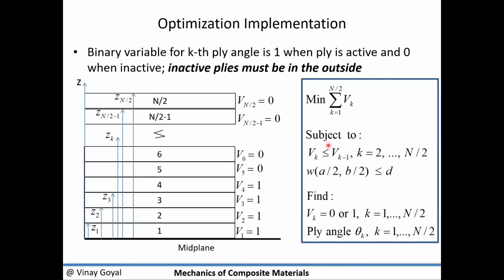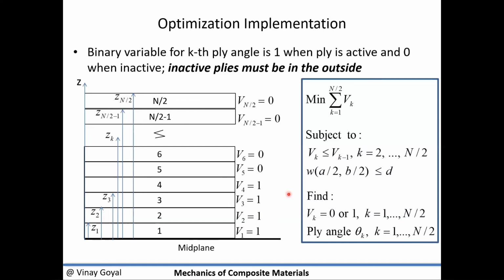And so we apply this inequality constraint, and on top of that, for the current problem that we're analyzing, we want to make sure that the deflection is no greater than a value of D. So the idea then is, what is my design variable? The idea is to find which of these should be 1 or 0, and we know that it needs to be consecutively 1, and it cannot have 0 in between because of this constraint.